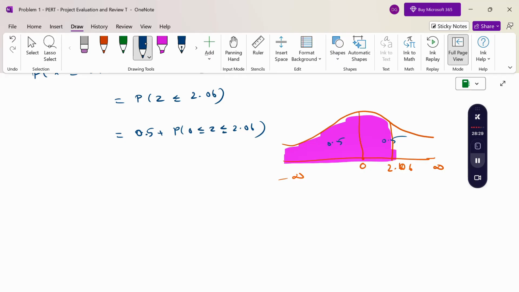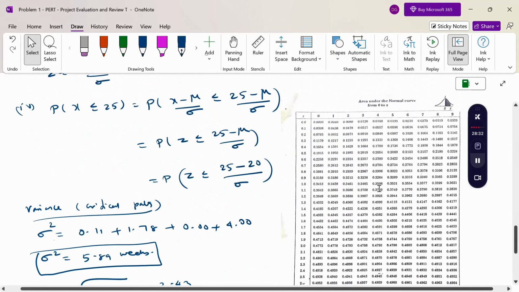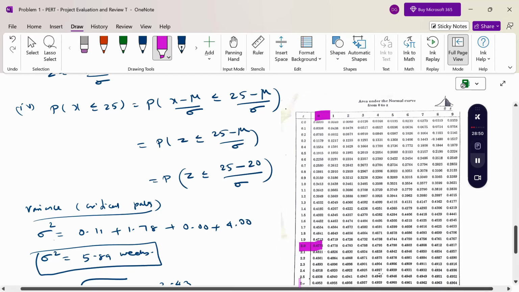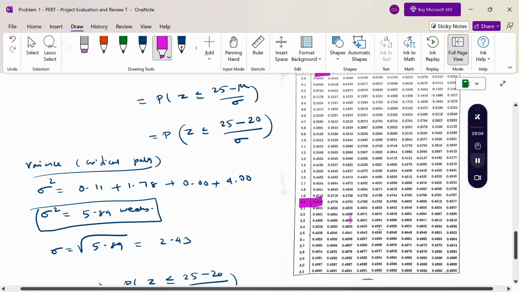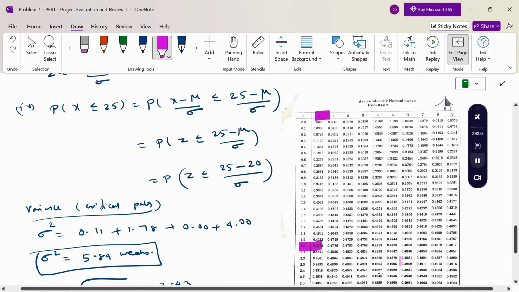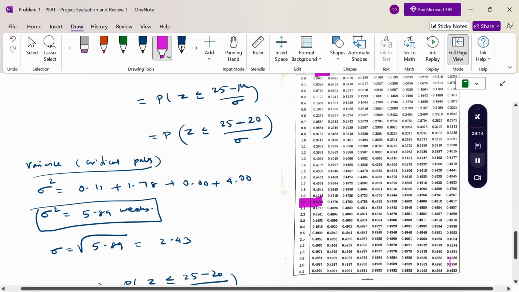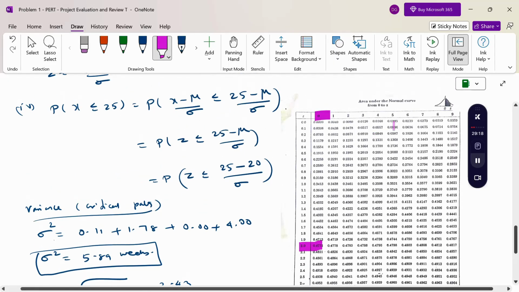Now see the normal table: 0 to 2.0, then 0.06.